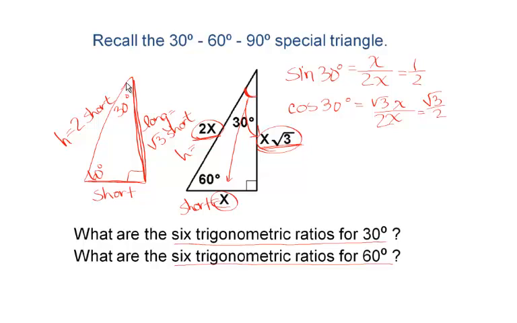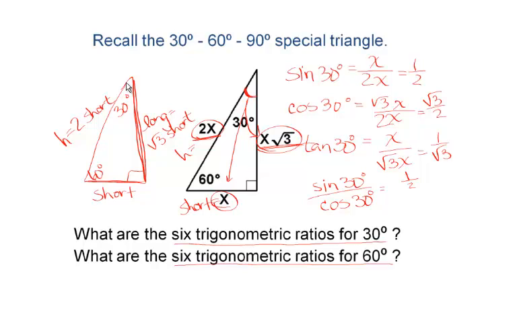The tangent, you have more than one way now to find tangent, was opposite over adjacent. Or additionally, was the sine of 30 degrees divided by the cosine of 30 degrees.